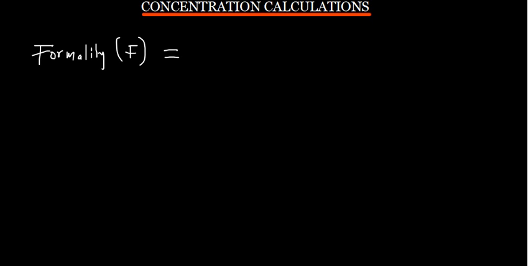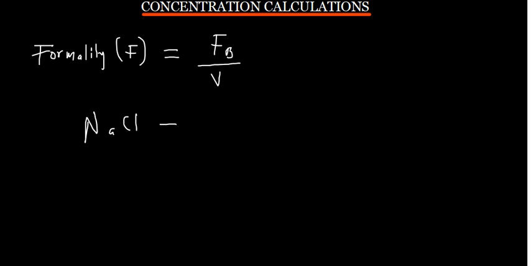Formality is given as gram formula unit divided by the volume. The gram formula unit is the same as moles. The only difference is that formality is more specific to ionic compounds, like sodium chloride.